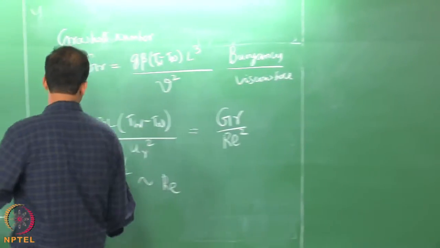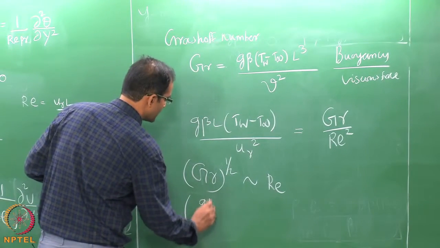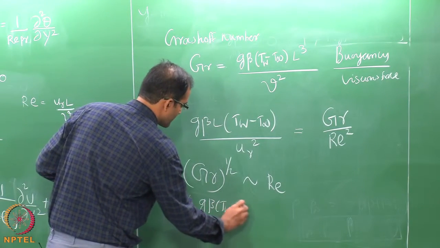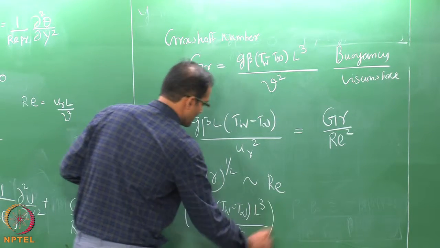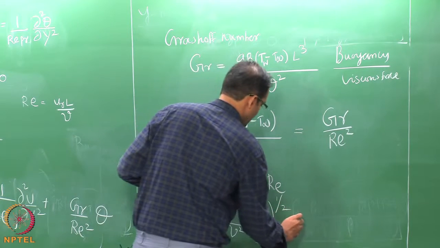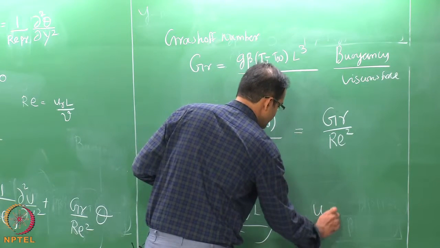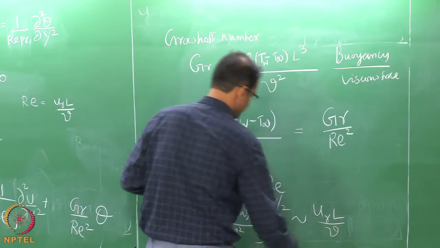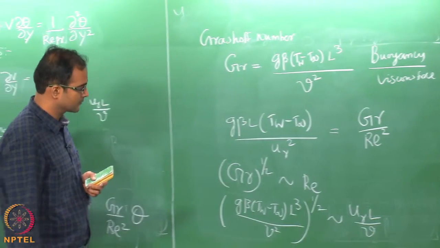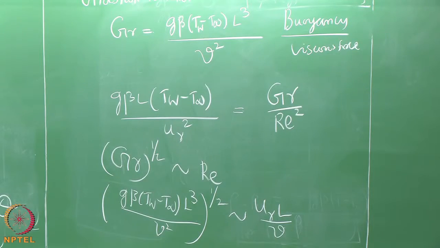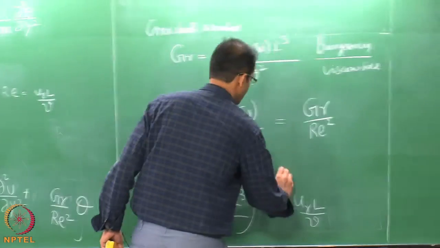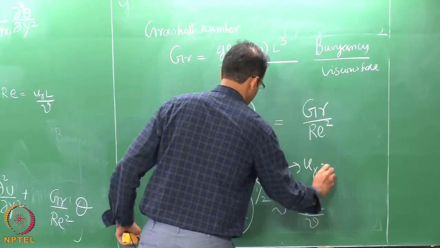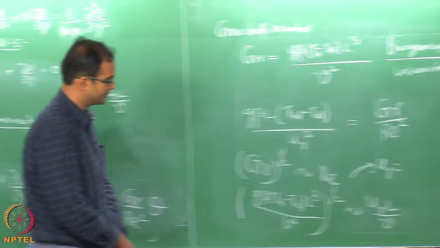So, this is nothing but g beta T wall minus T infinity L cube divided by nu square, to the power half, which is equal to u r L by nu. So, from this what do you get for u r?